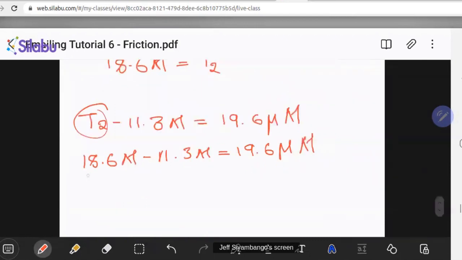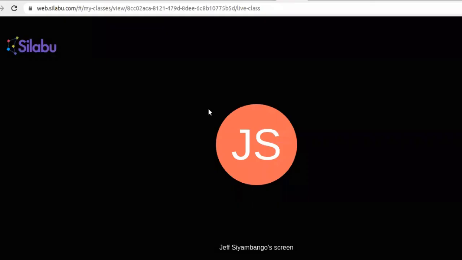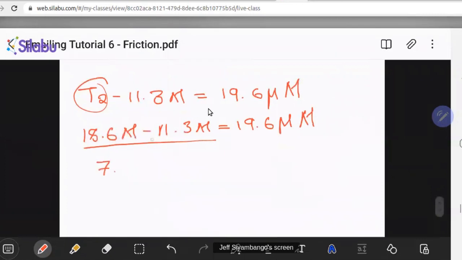These two can now combine, that is 18.6 minus 11.3. We get 7.3 m. So this is equal to 19.6 mu m.